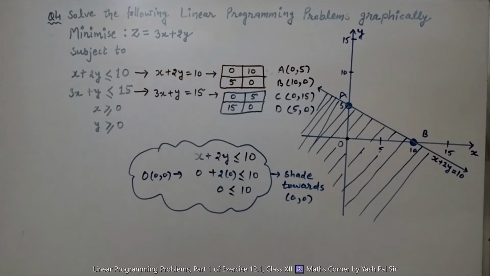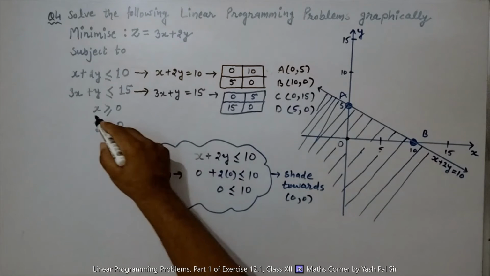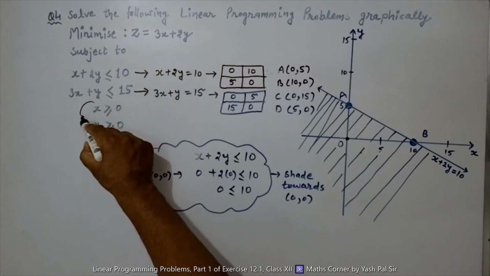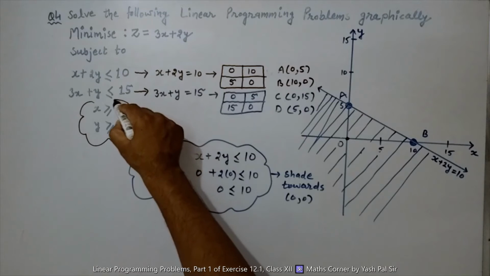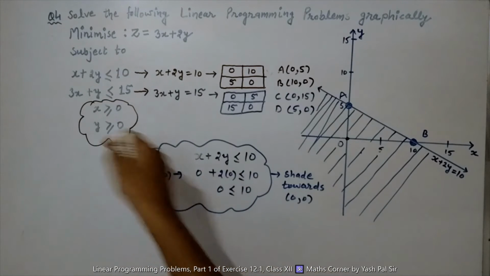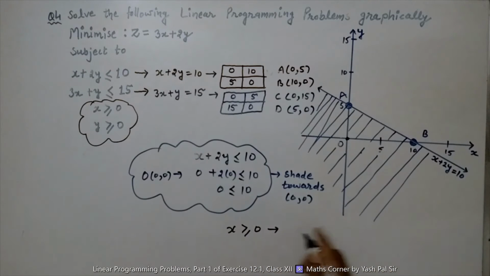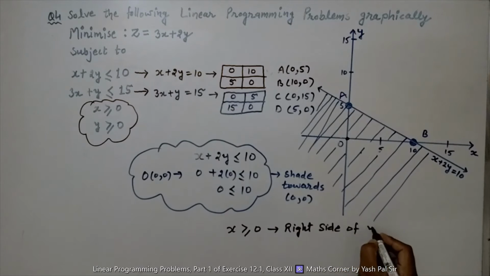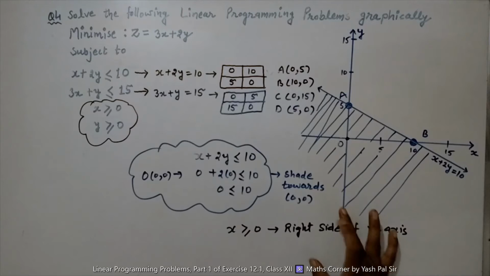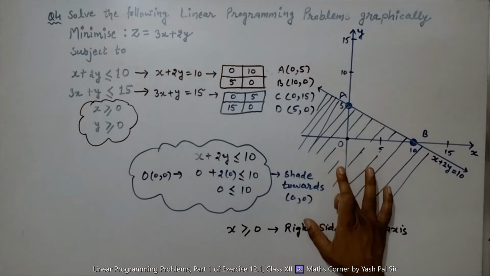Right? Now taking the second line. But as we have discussed in the previous question, x is greater than or equal to 0, y is greater than or equal to 0. So x is greater than or equal to 0 means the right side of the y-axis. So the left side we are erasing.